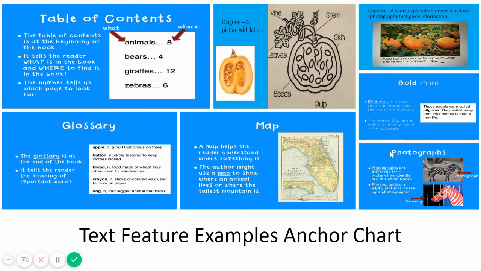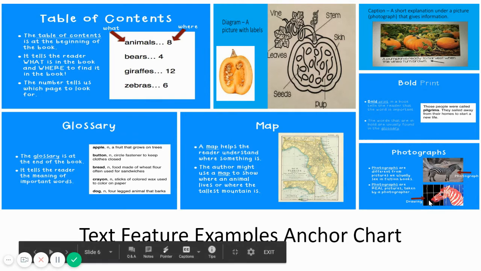The last text feature that we're going to learn about is a photograph. Photographs are different from pictures we usually see in fiction books because these photographs are real pictures, just like the zebra that we see here in this picture. It is real versus the picture at the bottom. This picture is a drawing.